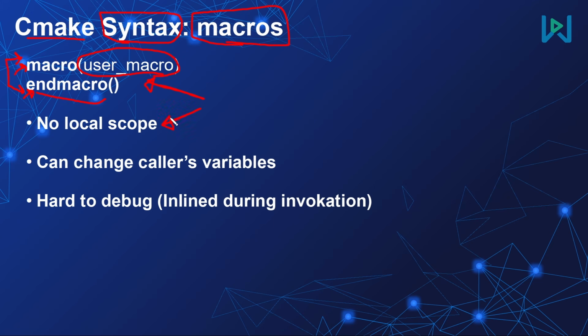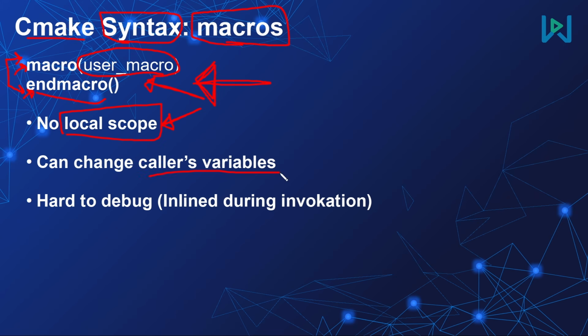What we need to keep in mind is that macros do not support local scope, meaning they don't preserve space within the stack, and hence we cannot have local variables within our macros.